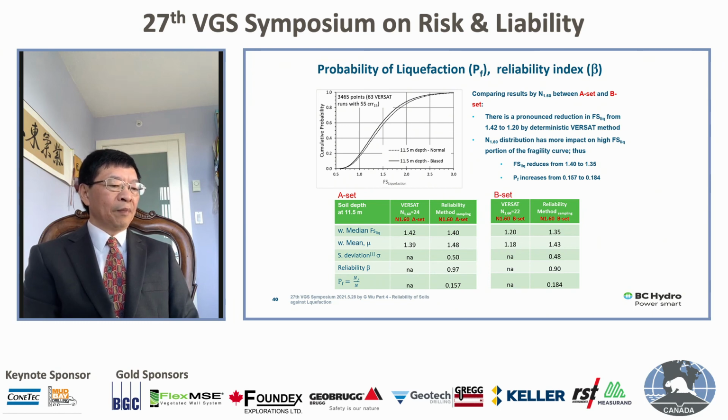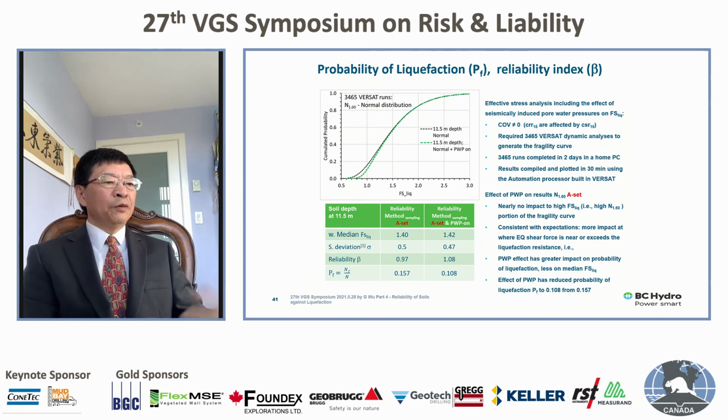The impact is between a factor of safety of 1 to 2. So there's not a major, but a larger impact in the middle. And next slide. But in terms of factor of safety, they're not that much different in terms of probability of failure.